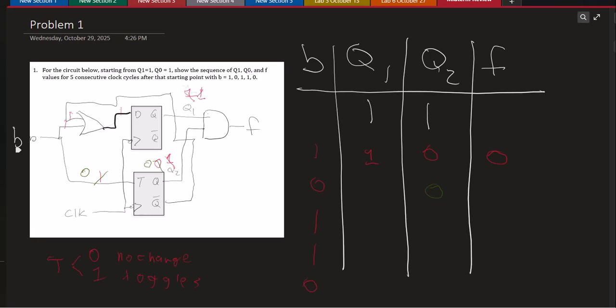Now going into Q1, my B is 0, Q1 is still 1, the OR of 0 and 1 is 1. For a D flip-flop, Q follows D, and so that's 1. And the AND of 1 and 0 is 0.